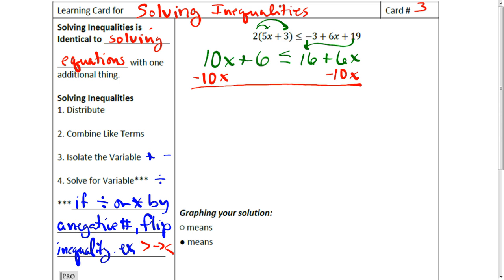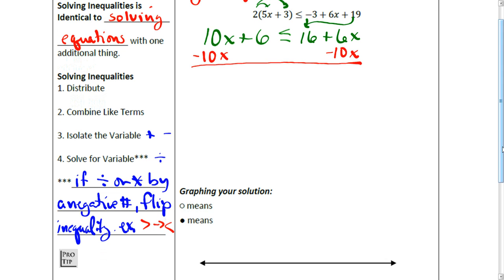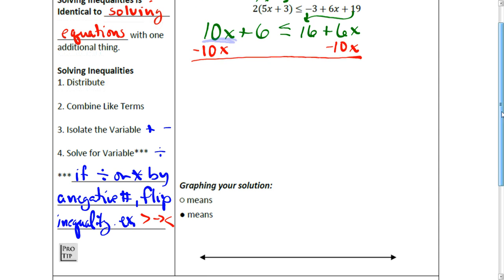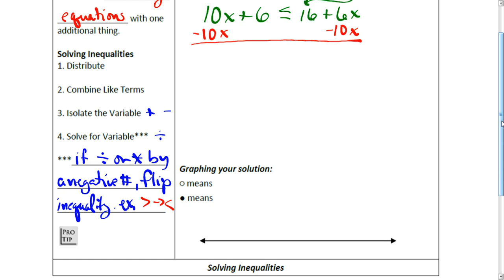Now, pro tip: if you always move the smallest number in terms of the variable, so like here, I've got 6x and I have 10x, if you move the smallest one, the one furthest to the left on the number line, the 6x in this case, you will always end up with a positive coefficient in front of x. Then you won't have to worry about dividing by a negative.